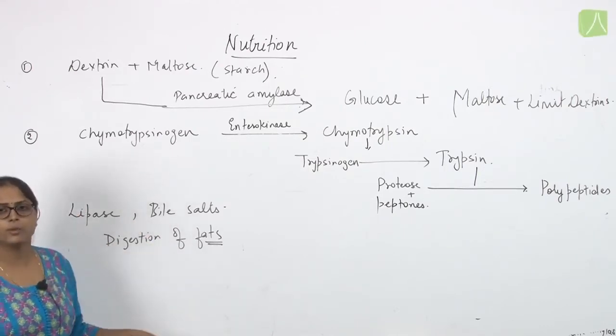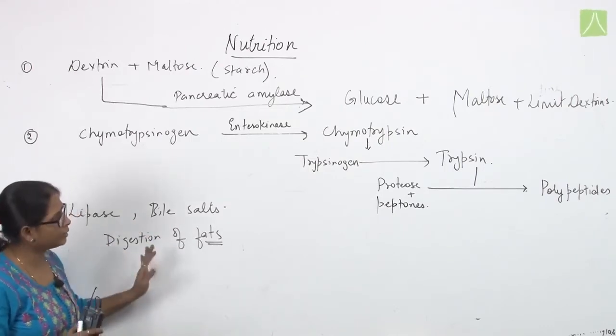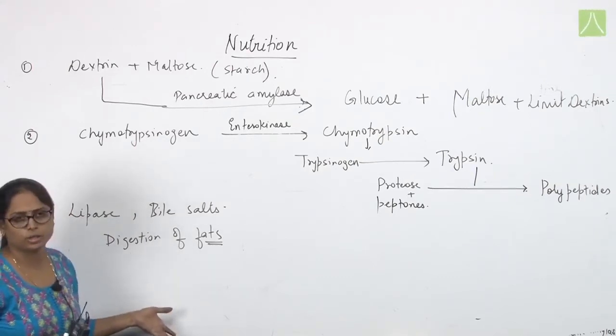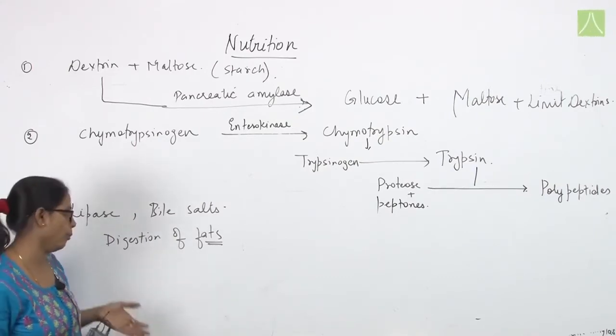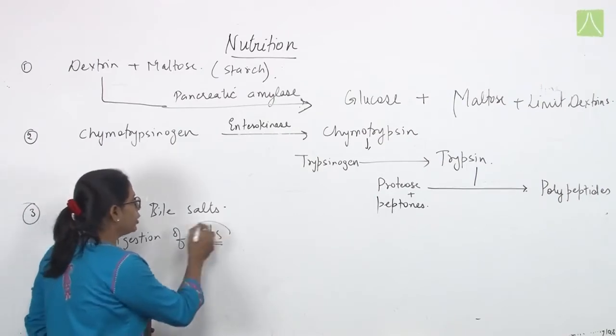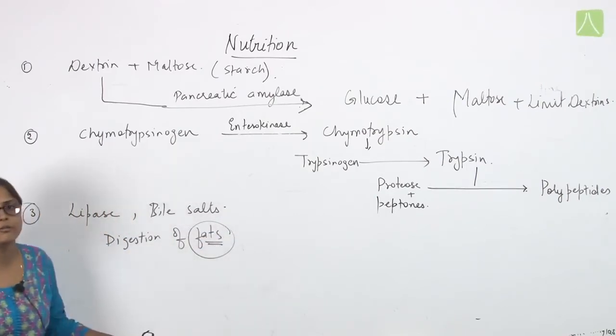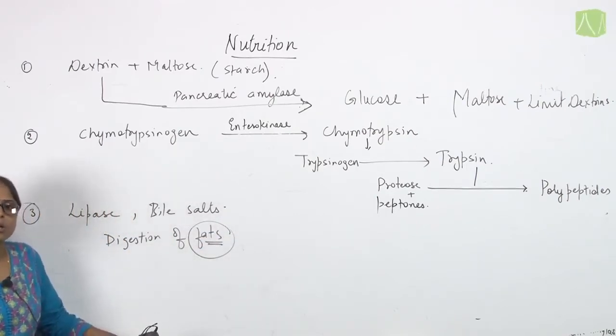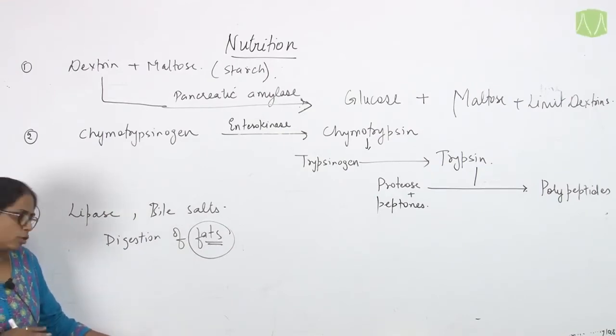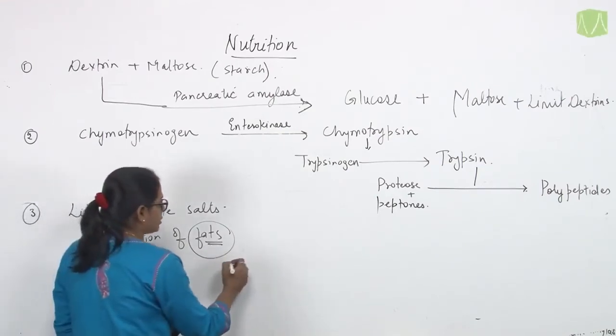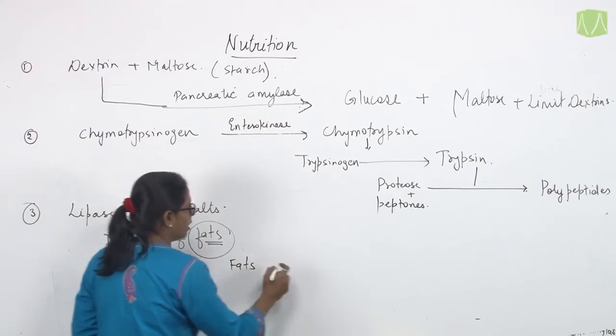That means we have a major amount of water. So our enzymes are of the nature to act on water soluble components. So it is very important to make the oily fat water soluble, so that enzymes can easily act on it. So the fats need to be emulsified.